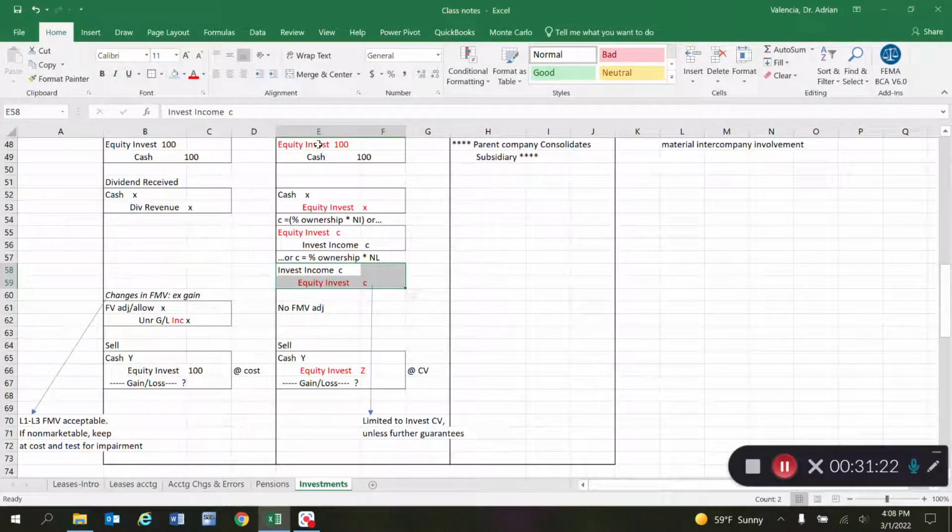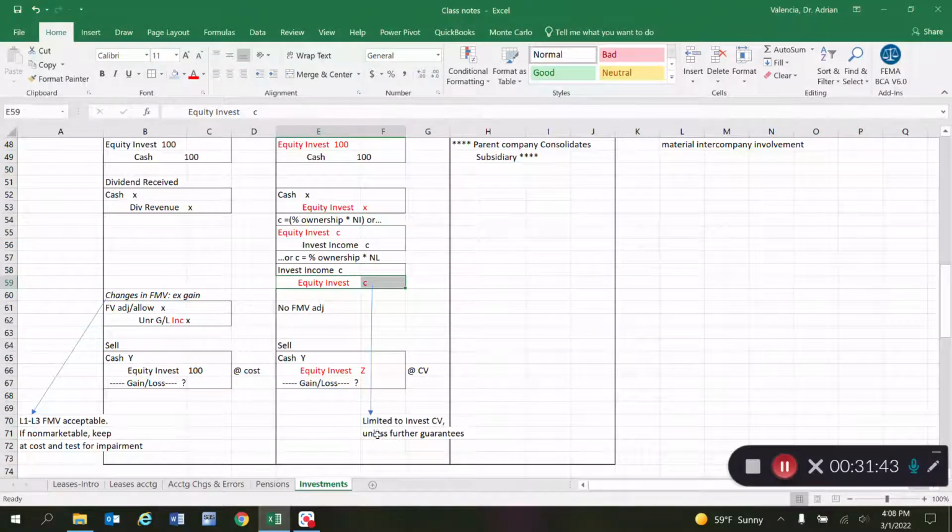So if all we see after we invest is recurring losses, every time we recognize some of those losses, it's going to reduce our $100, and we will do that up to the $100. That's what I mean here by limited to the investment carrying value.